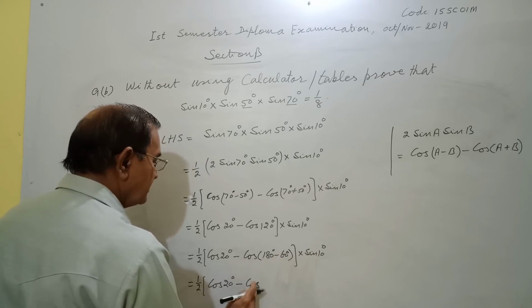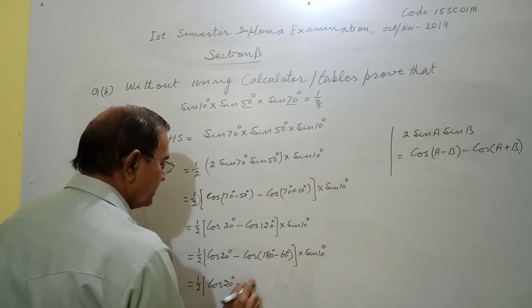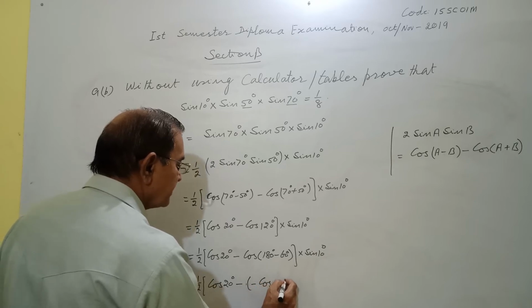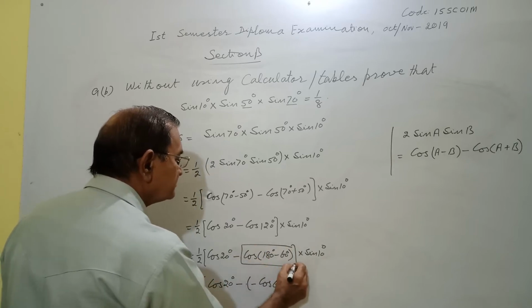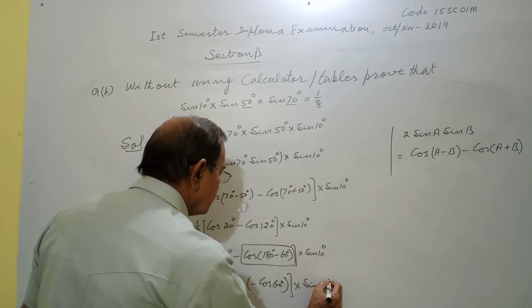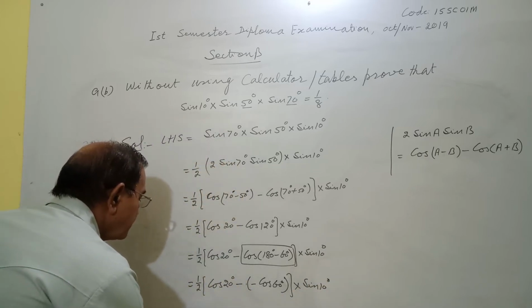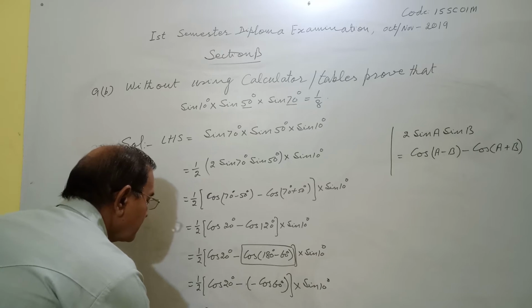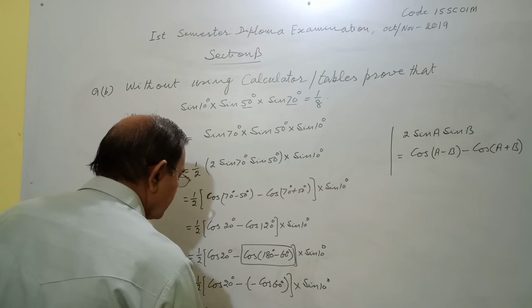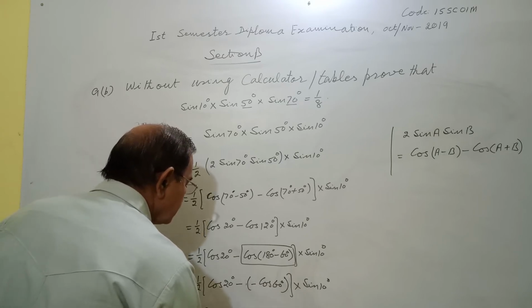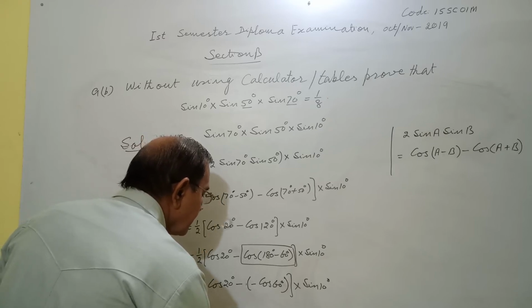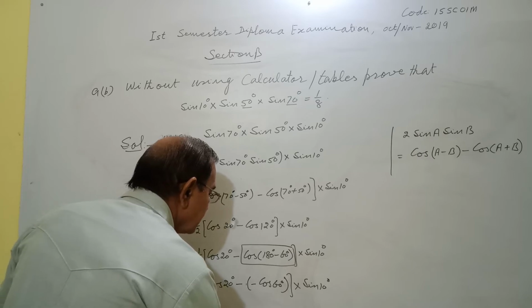So minus and minus is plus: 1 by 2 cos 20 degree plus cos 60, into sin 10 degree.